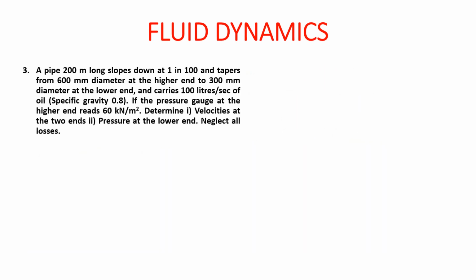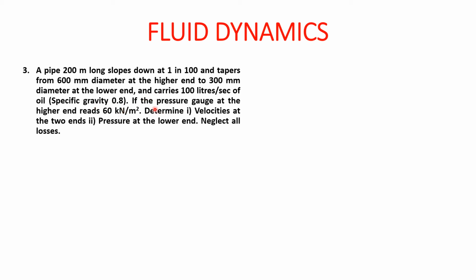Now problem number 3. There is a pipe 200 meter long, slopes down at 1 in 100 and tapers from 600 mm diameter at the higher end to 300 mm diameter at the lower end, and carries 100 liters per second of oil having specific gravity 0.8.